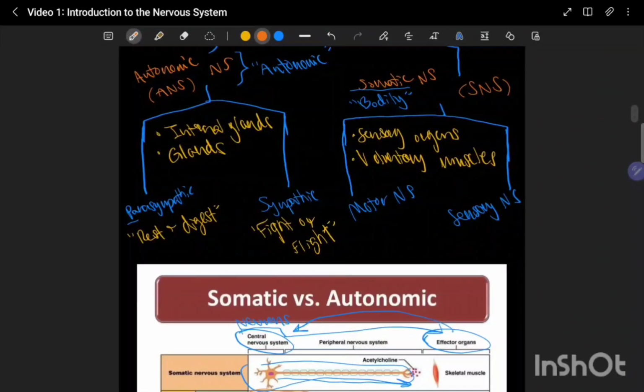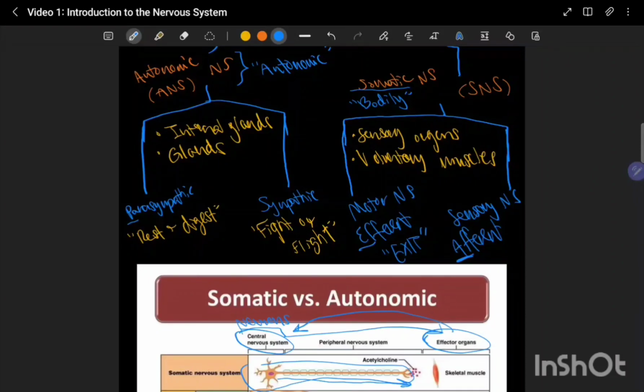So one thing to know about the somatic system is, in addition to these terms, motor and sensory nervous system, we have two new vocabulary words, and these are afferent and efferent with an E. So when you see the term efferent, I want you to think exit. Efferent information is going to exit from the central nervous system. It's basically information that's taken from the CNS all the way to the effector organ, in this case, muscle.